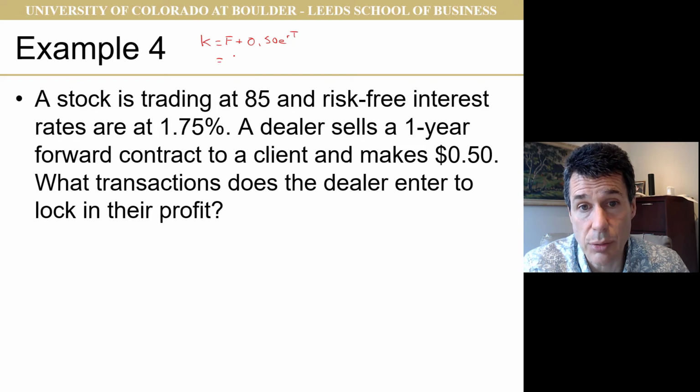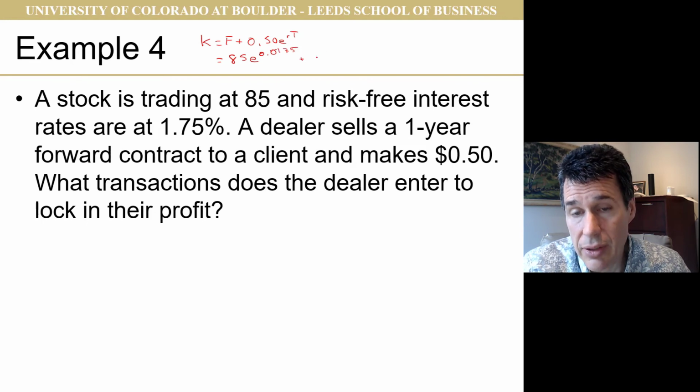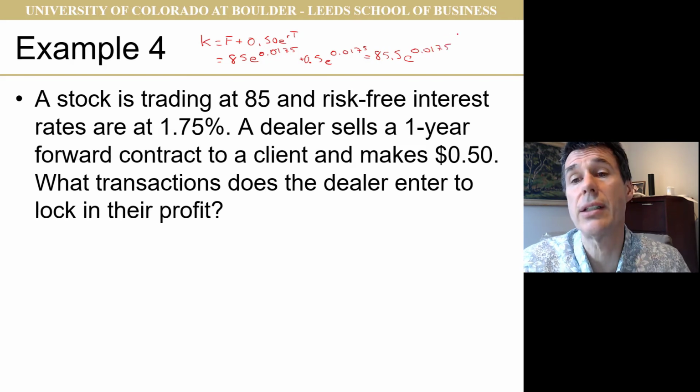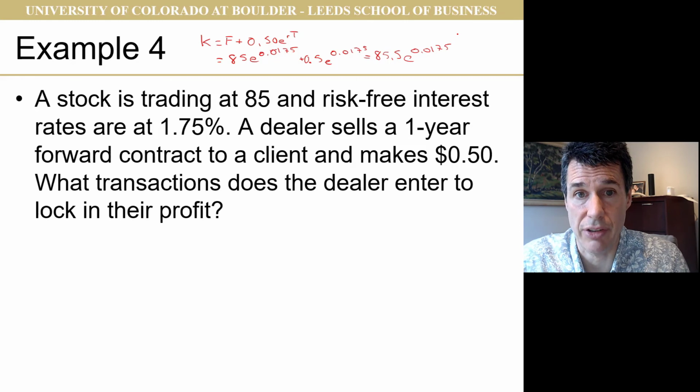So that's equal to 85 e to the 0.0175 times 1 plus 0.5 e to the 0.0175, which is 85.5 e to the 0.0175.